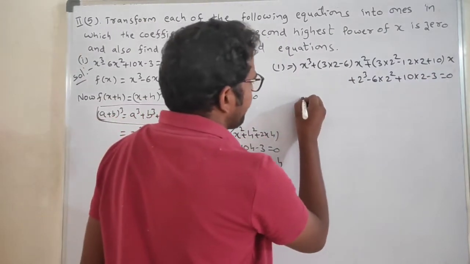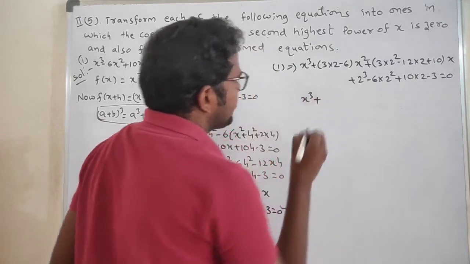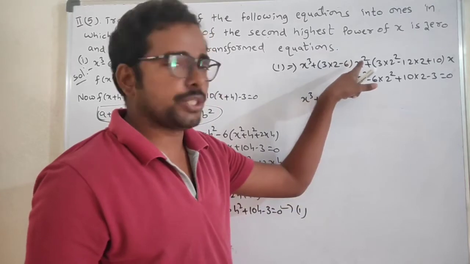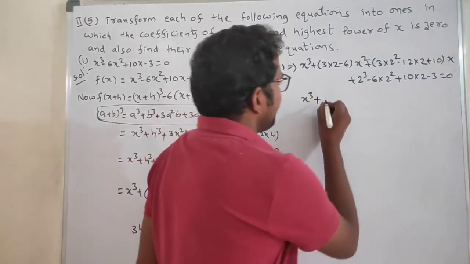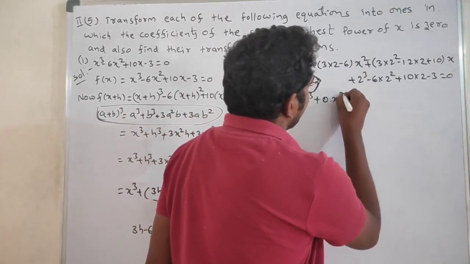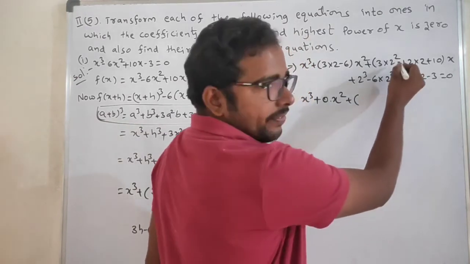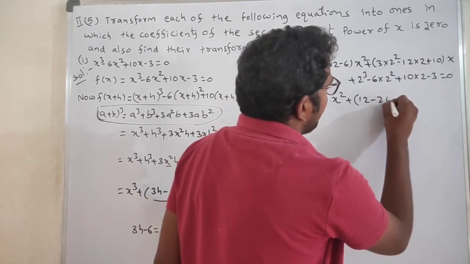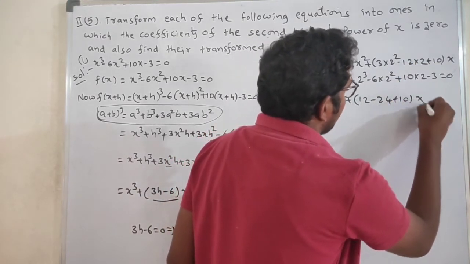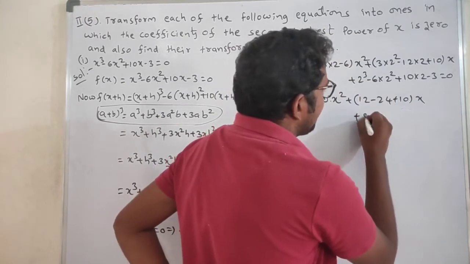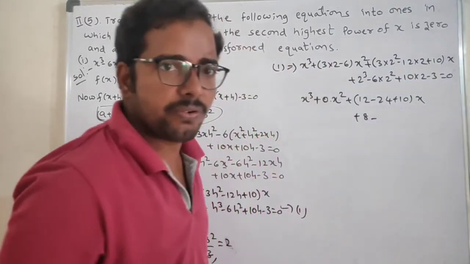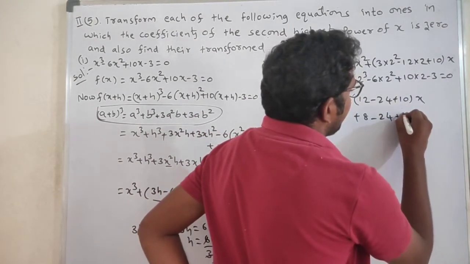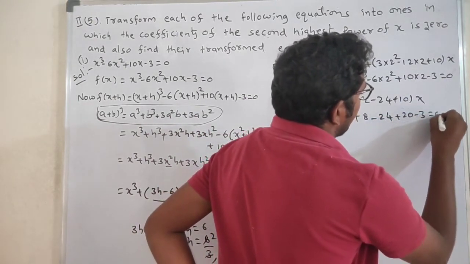So x power 3 plus, 3 twos are 6, 6 minus 6 is 0, so 0 into x square. Next, 2 square is 4, 4 threes are 12, 12 minus 12 twos are 24, plus 10, gives minus 2x. Then 2 power 3 is 8, 8 minus 2 square, that is 4, 4 sixes are 24, plus 10 twos are 20, minus 3. That gives 8 plus 20 is 28, minus 24 is 4, 4 minus 3 is 1.